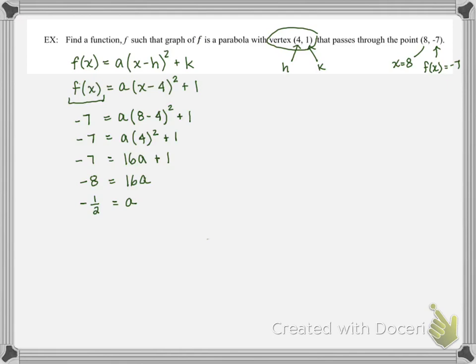And so the last thing to do is to just put that information back into my function. So we want f(x) = -1/2(x - 4)^2 + 1. And that's my function.